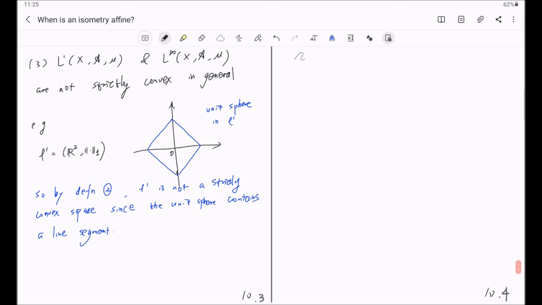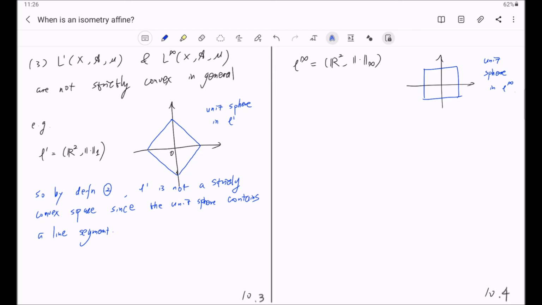And how about the L infinity space? The two-dimensional L infinity space has a unit sphere taking the form of a square. Again, this guy contains a line segment.